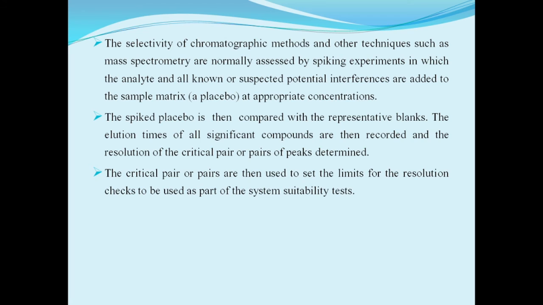The elution times of all significant compounds are recorded, and the resolution of the critical pair or pairs of peaks determined. The critical pair or pairs are then used to set the limit for the resolution checks to be used as part of the system suitability test.